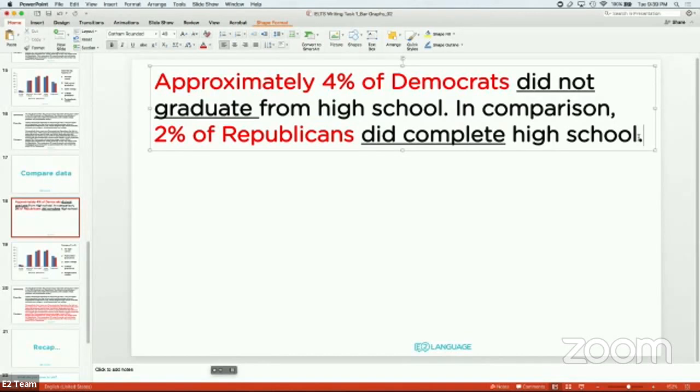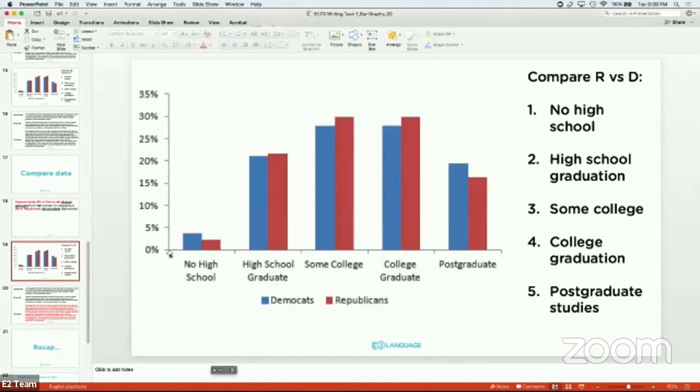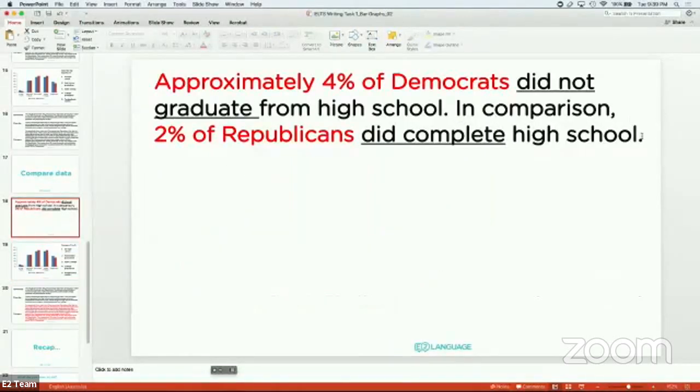Now let's talk about, what's the other one? Okay, high school graduation. So it's almost equal at about 22%. So what I'm going to say here is this.